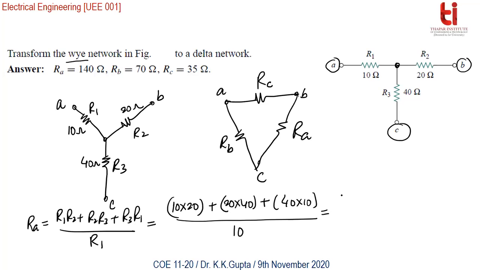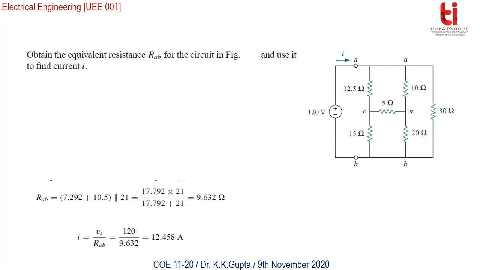What I get here is 20 plus 80. Please check if I make any mistake, correct me. So this will be 140 ohms, right? This is very simple, directly based on a formula. Let us go to questions where we are required to reduce the network, right?